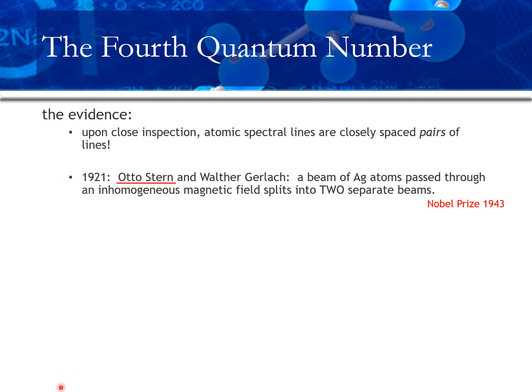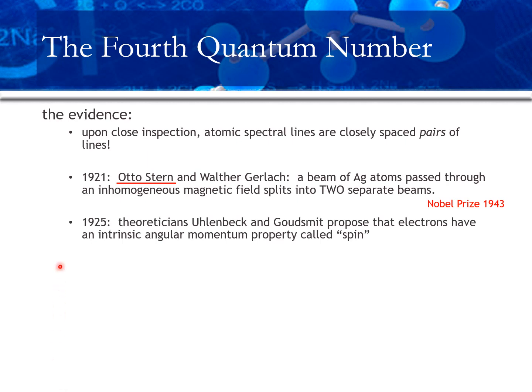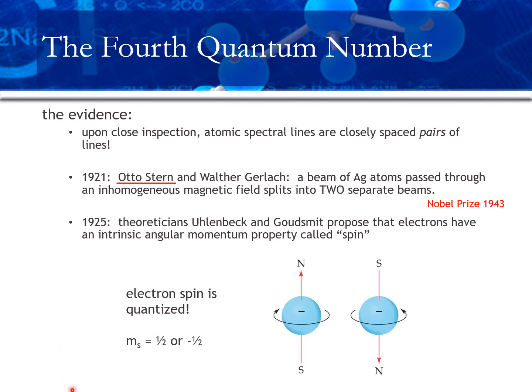This is an important experiment that led to really our understanding of the periodic table, and Otto Stern won a Nobel Prize for it in 1943. And then theoreticians Uhlenbeck and Goudsmit proposed that electrons have some sort of intrinsic angular momentum property that they call spin, and this spin is quantized.